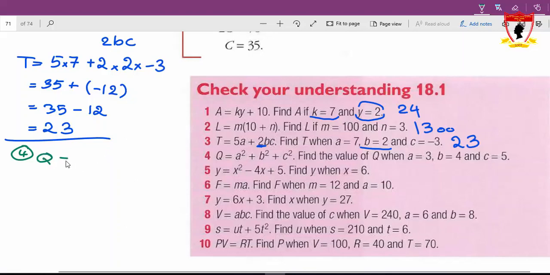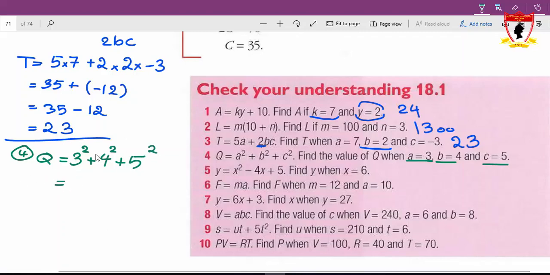So Q is equal to, the value of a is 3, so you'll have 3 squared plus the value of b is 4, then 4 squared plus the value of c is 5, then we have 5 squared.